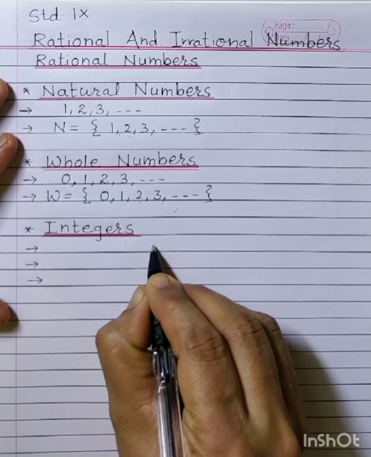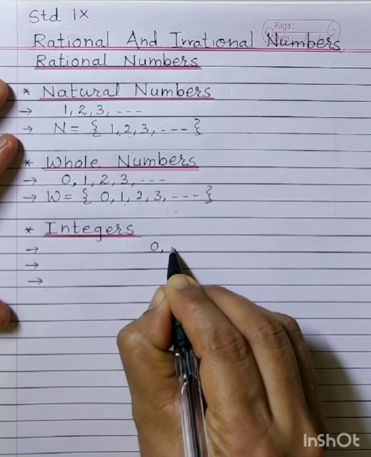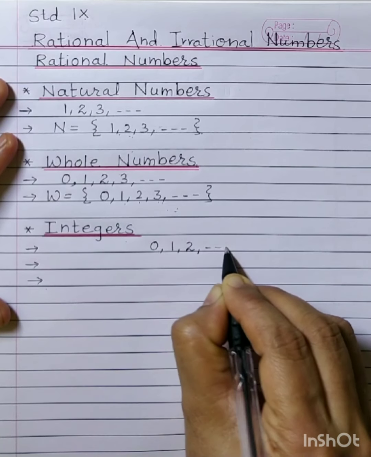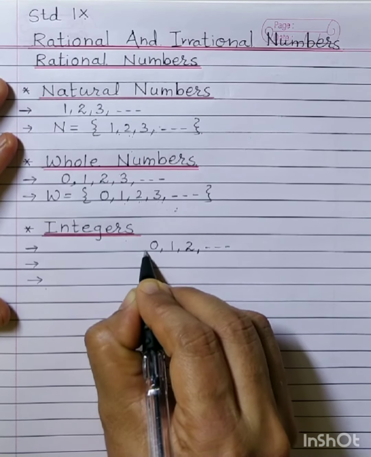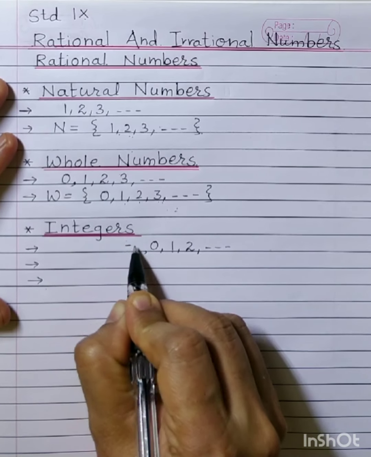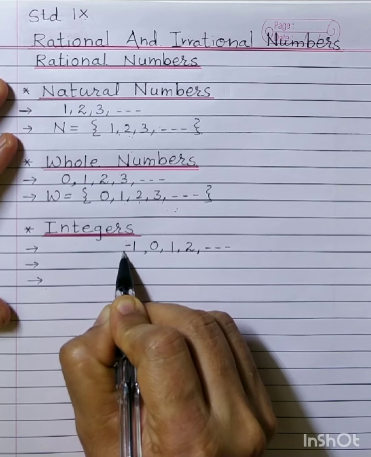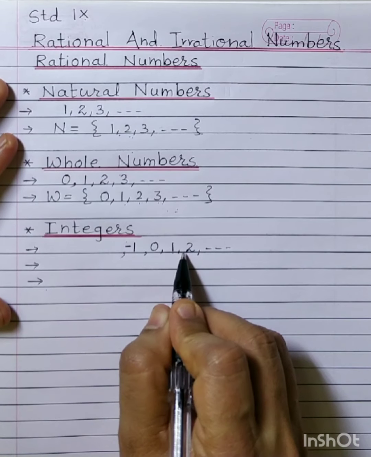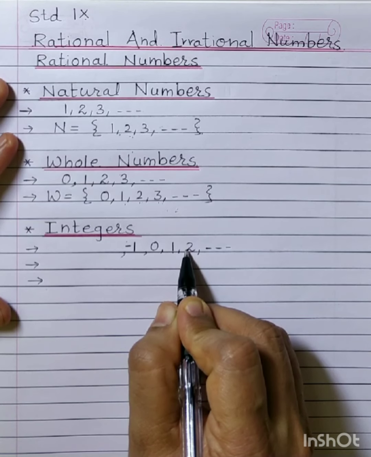So what is the set of integers? This is your set of whole numbers, 0, 1, 2, etc., till infinity. And to this, for every natural number, you need to introduce its opposite. That is the negative sign. That is but natural. You must have heard about temperature also.